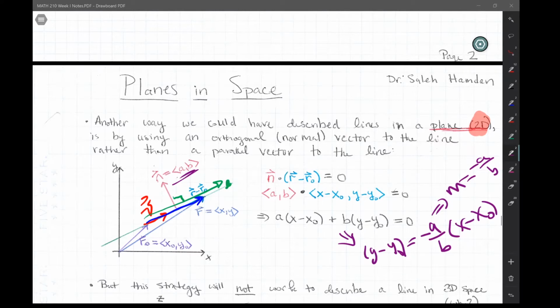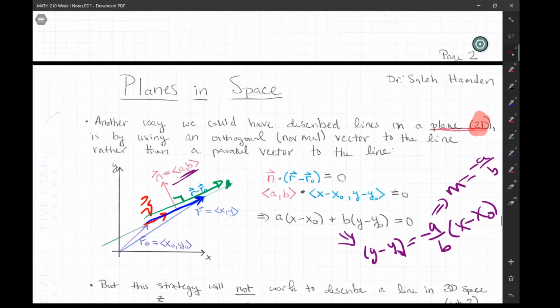Now pause for a minute and think about why this only works in a plane. If you could figure out why this would only work in a plane, and that if we actually had a third axis that comes out, say the z-axis, that this no longer works.